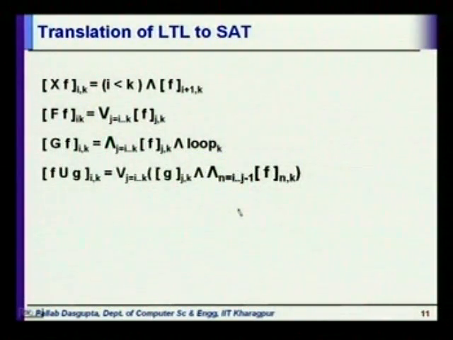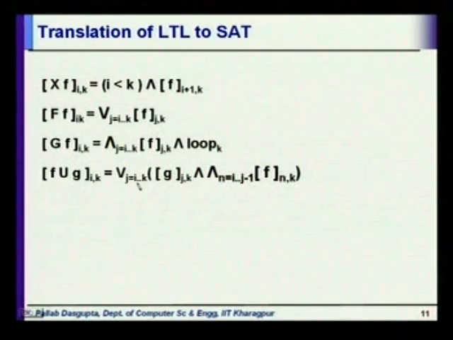What about until? F until G_ik is asking whether F until G holds in the ith time frame within a bound of k. So then we say that for some j varying from i to k, G_jk must hold.